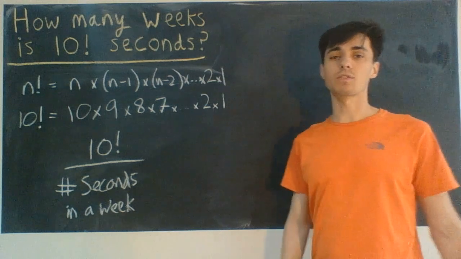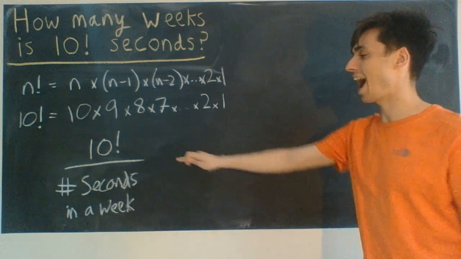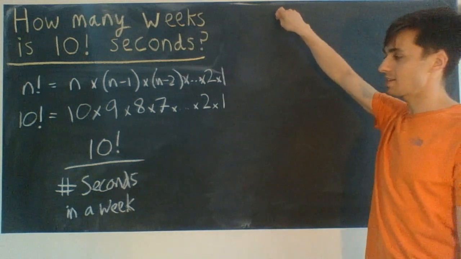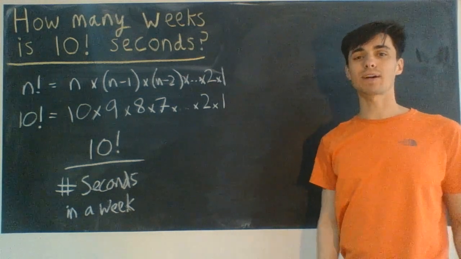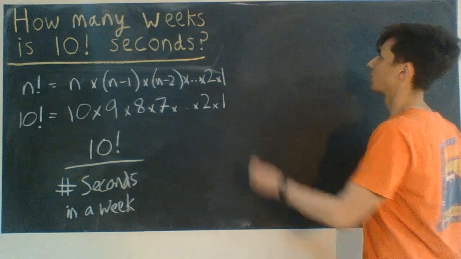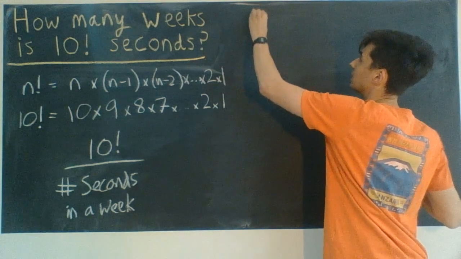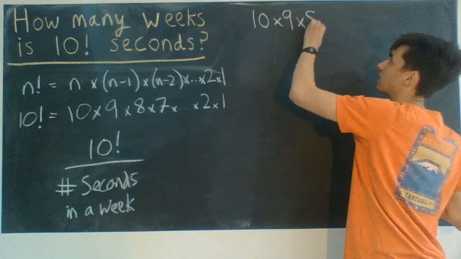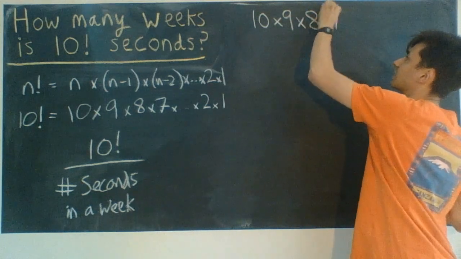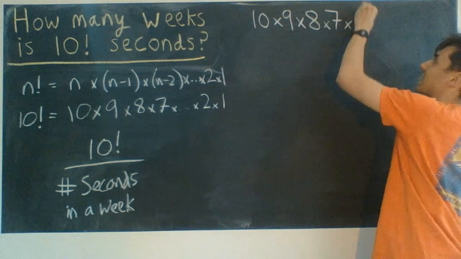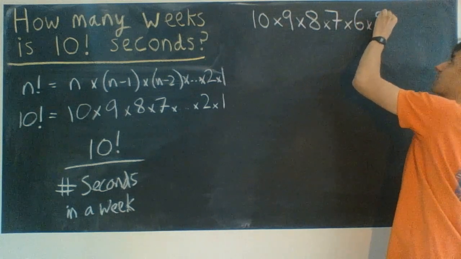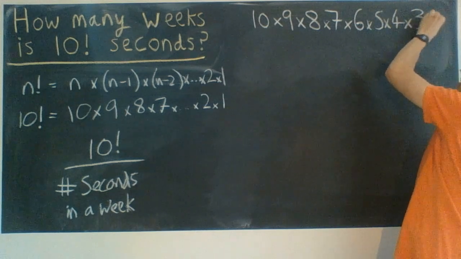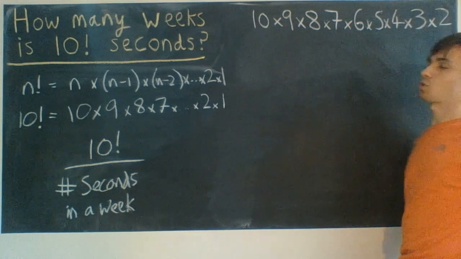Let's go onto this side of the board and think about how we actually find this. Our best thing to do first will be to write 10 factorial out in full. So 10 factorial, we need 10 times 9 times 8 times 7 times 6 times 5 times 4 times 3 times 2.